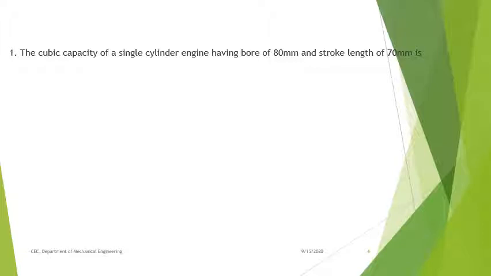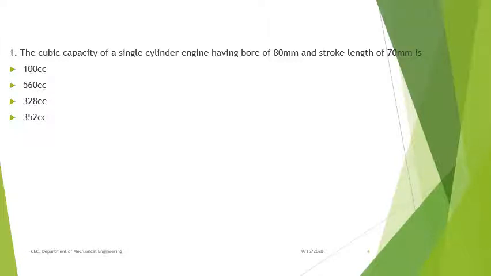First question: the cubic capacity of a single cylinder engine having bore of 80 mm and stroke length of 70 mm is, options are 100 cc, 560 cc, 328 cc and 352 cc. Here cc represents cubic centimeter.